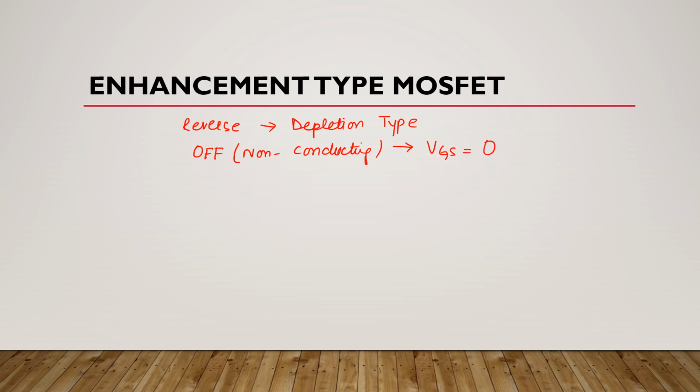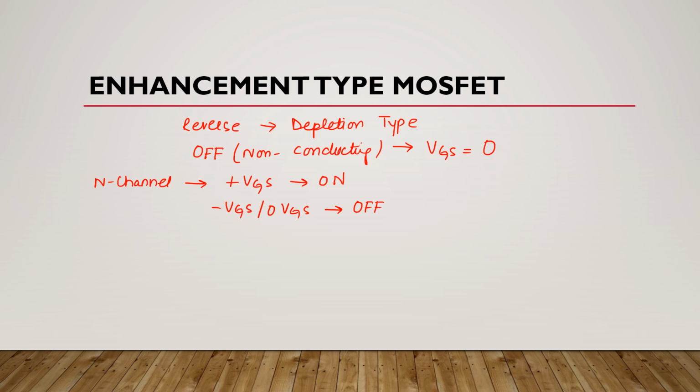Now, for an N-channel E MOSFET, application of positive gate to source voltage will turn the transistor on, while application of negative gate to source voltage or 0 gate to source voltage will turn this transistor off.